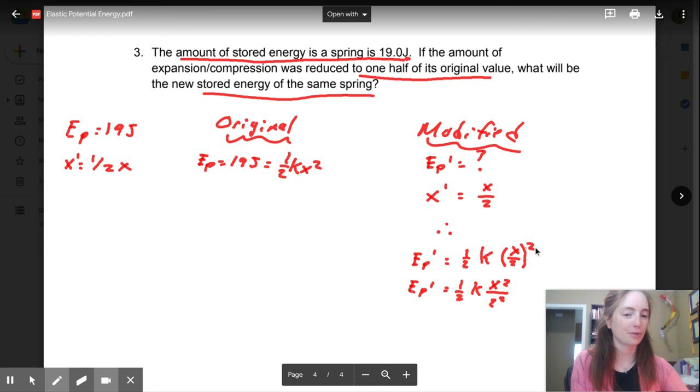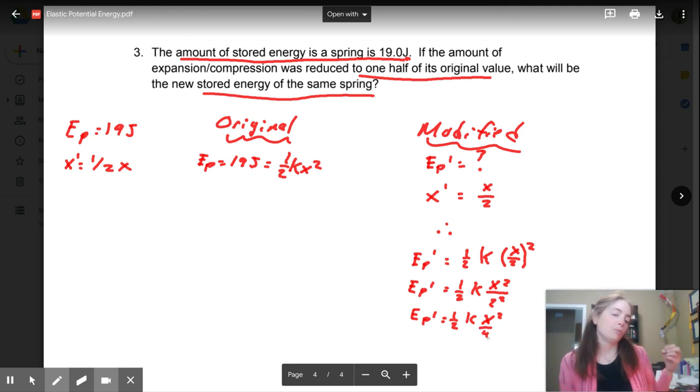Okay, because I have to bring that squared onto each of those values there. So my EP prime is going to equal 1/2 times k, which is going to be x squared over 4.